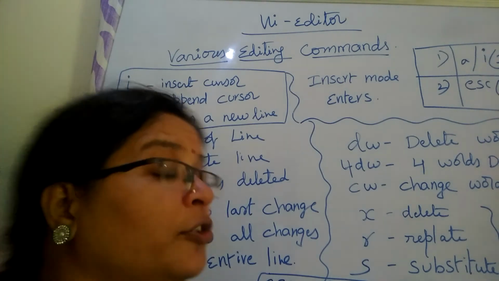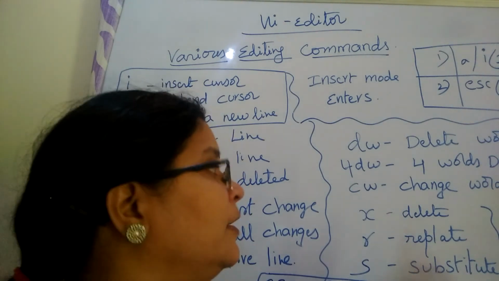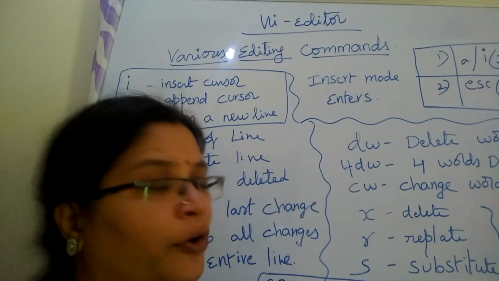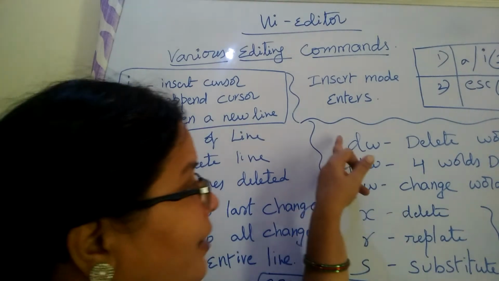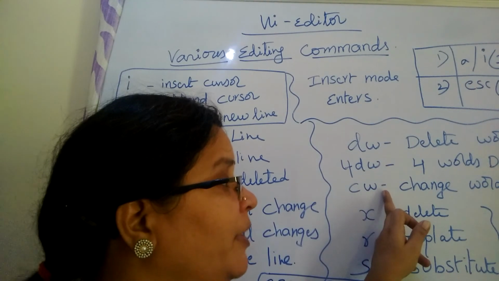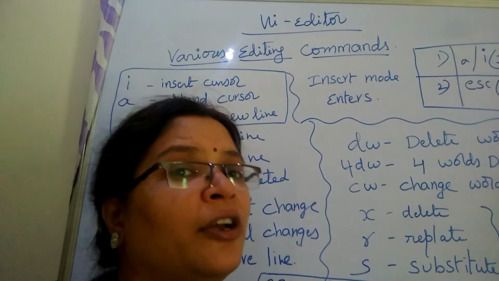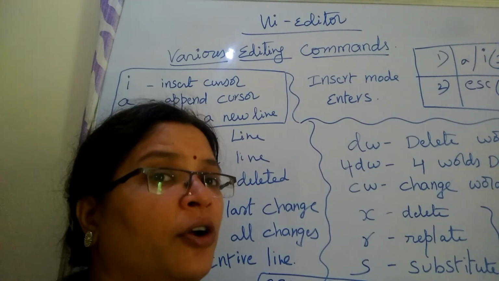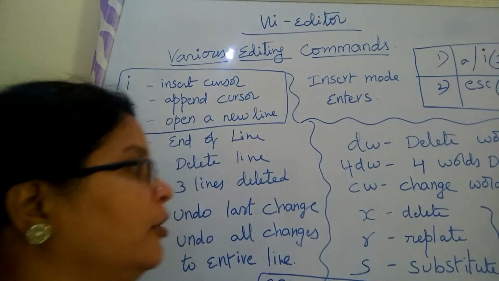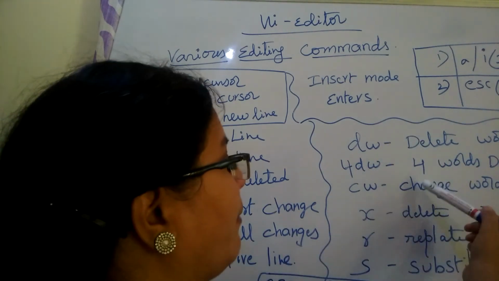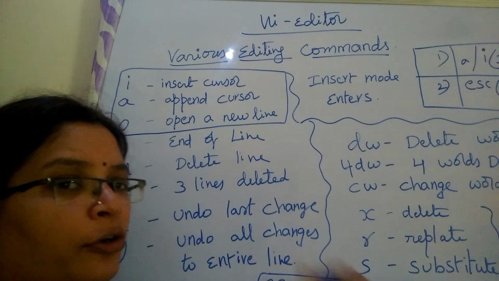And next, if you want to change the word in the escape mode, simply use cw; this allows you to change that particular word. So these are the word related commands to remove a word and to change a word. That means the existing word will be changed with the newly typed word: substitution of the existing word with the new word. So these are the line oriented commands and these are the word oriented commands to delete a word, to change a word, to substitute a word.